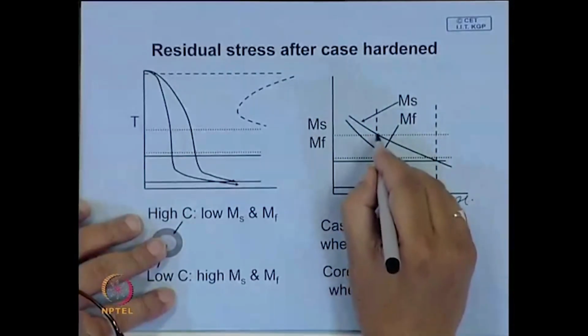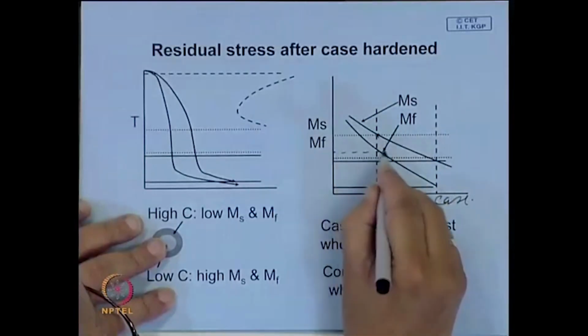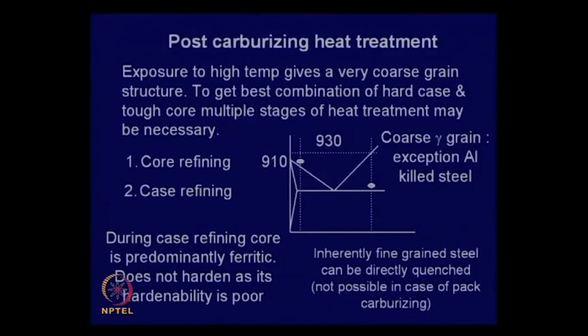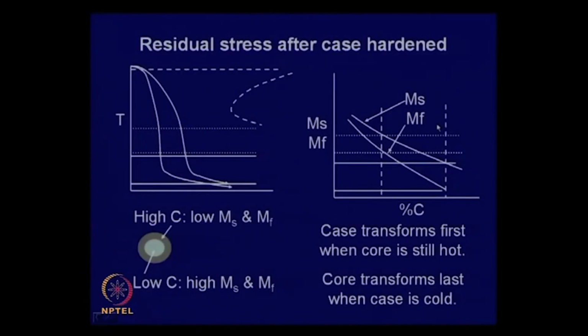Let us look at this over here. At the core, this is the MS, this is MF. Similarly for the case, this is MS, the start of martensitic transformation temperature, this is MF. Now, you have different cooling rates when you are quenching.